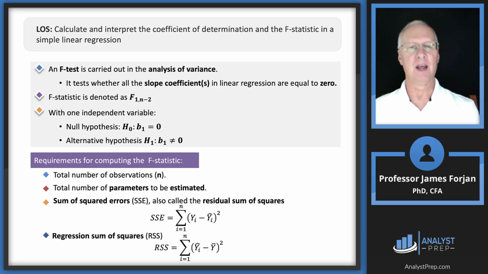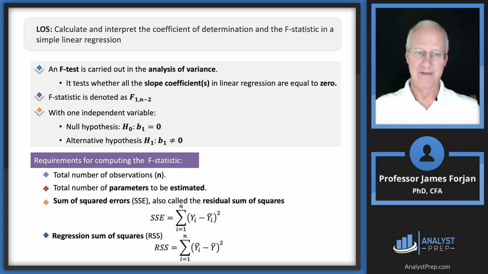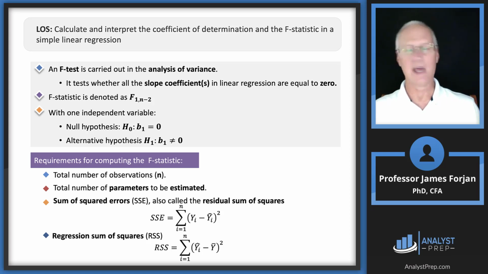Look at that diamond point. An F-test is carried out in the analysis of variance, and here's the hypothesis: it tests whether all the slope coefficients are equal to 0. When you only have one independent variable, the F-test is identical to the t-test. Once again, I'll show you that in just a second.